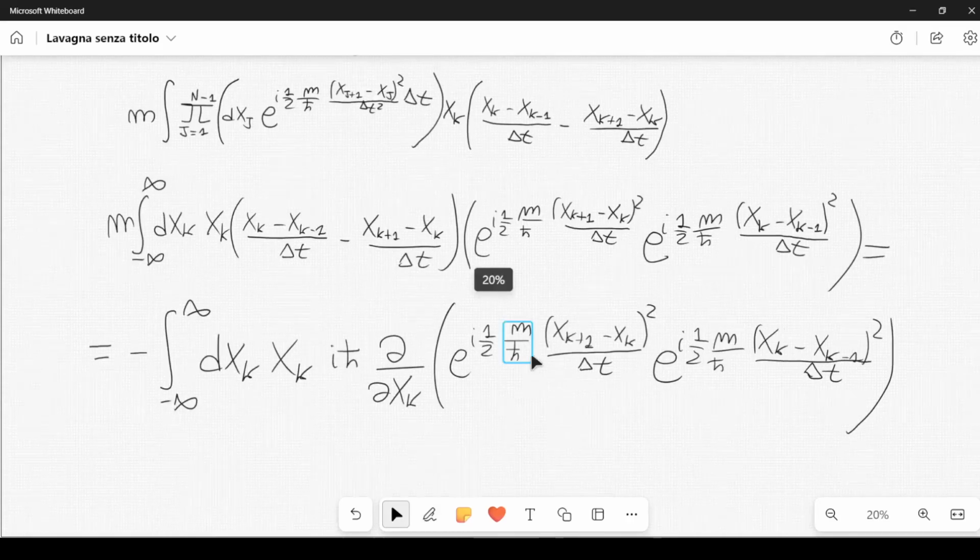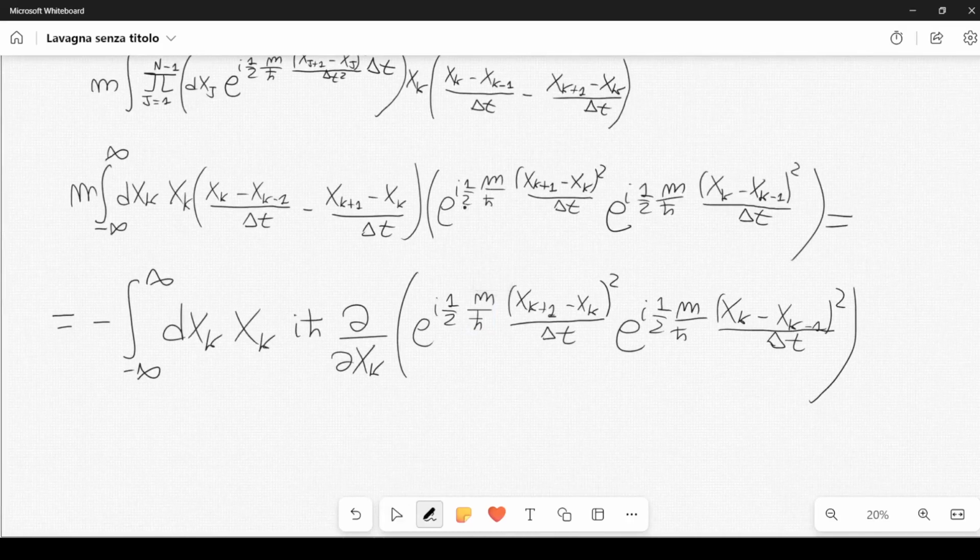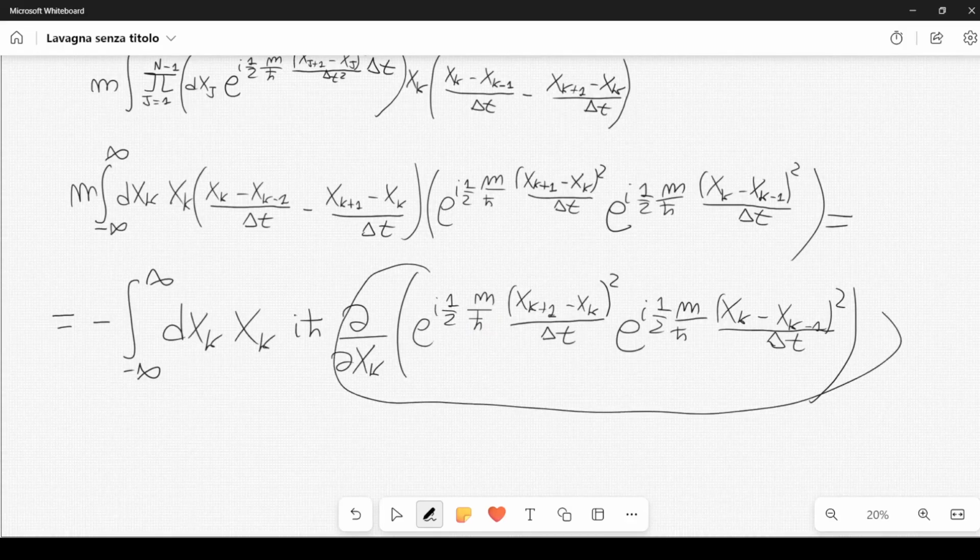You can check that when you consider the derivative of this expression, you get back exactly this.